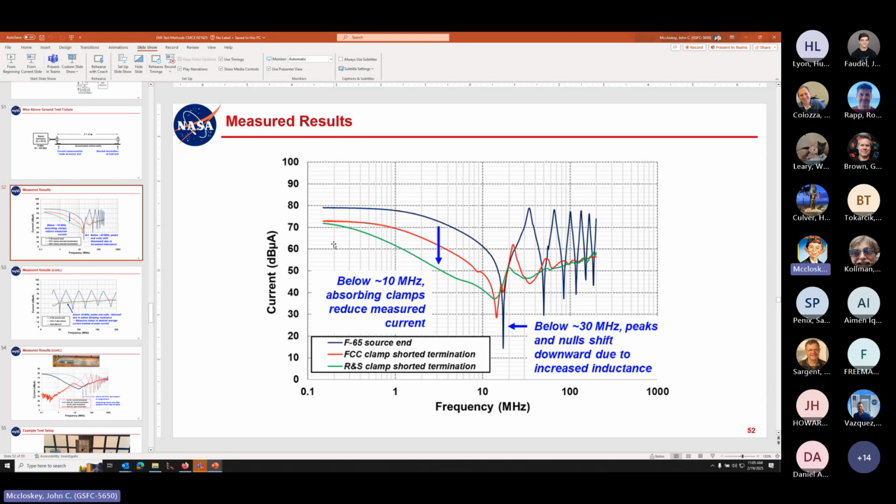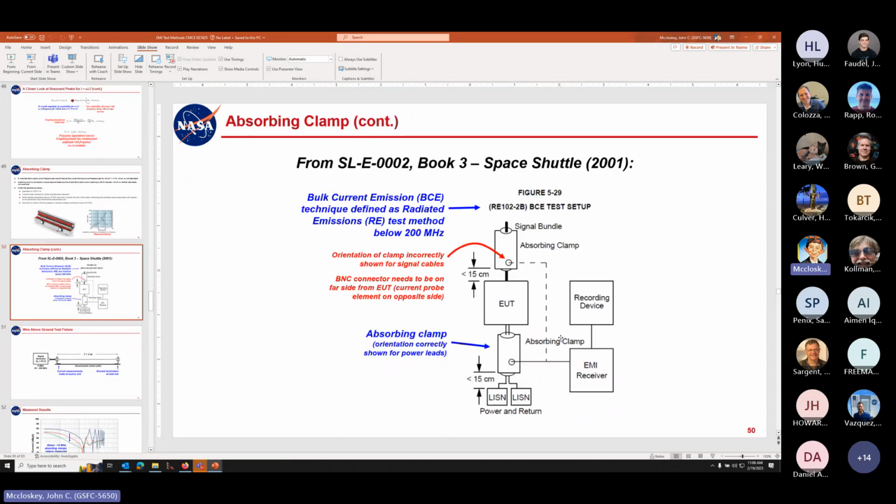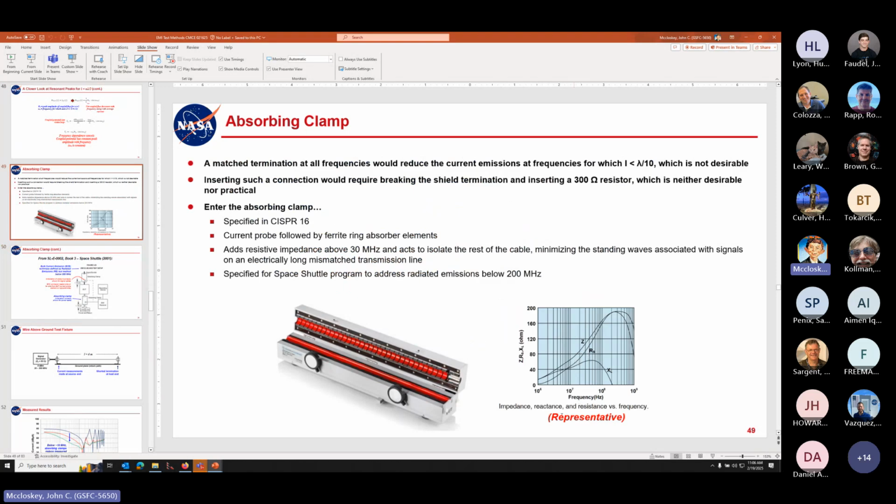That's my preference anyway. It seems to not make much difference on the damping, right? It's really damping. If we go back to here, this is a representative curve, right?